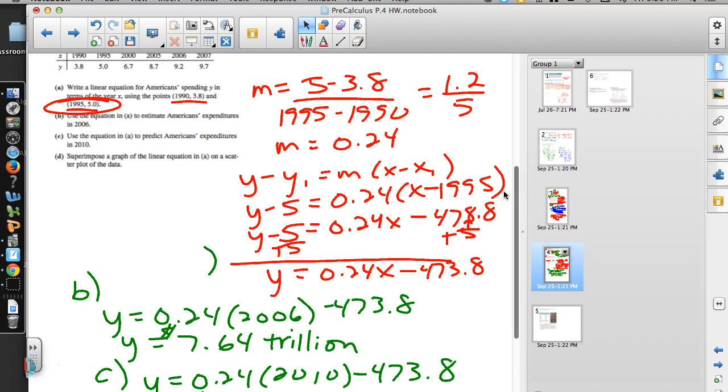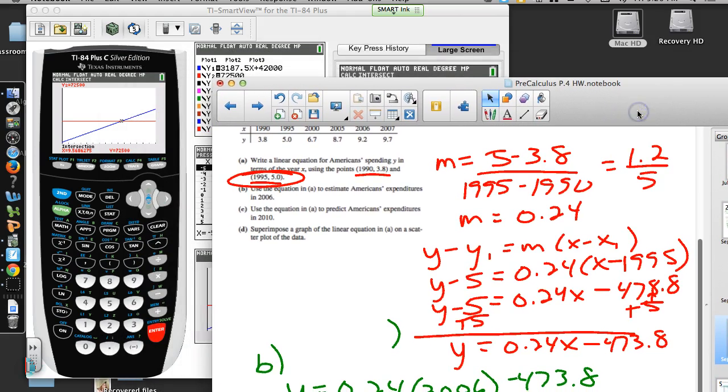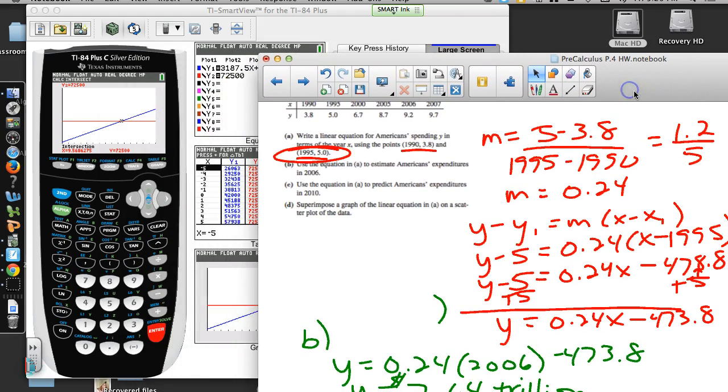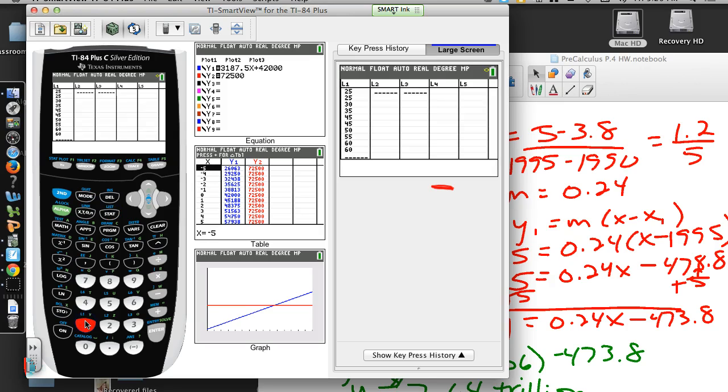What I am going to do is use the graphing calculator for that piece. So we go into, and this is all review from previous years. We could certainly draw this out by hand, but we've already done that in class.